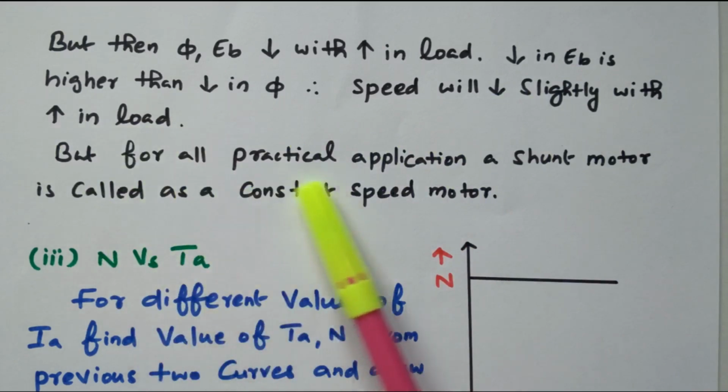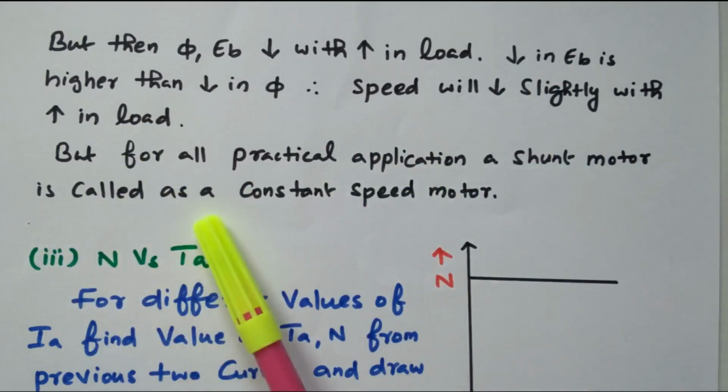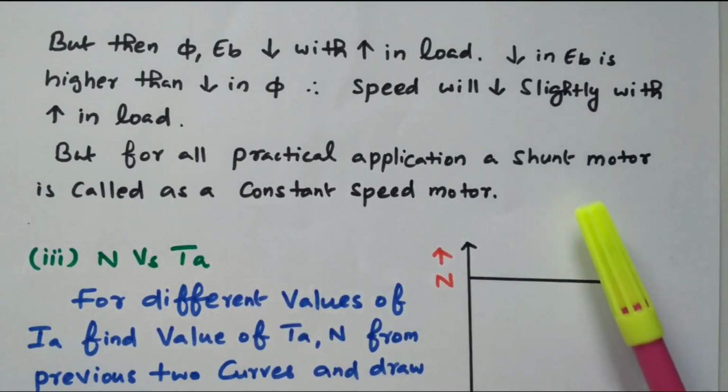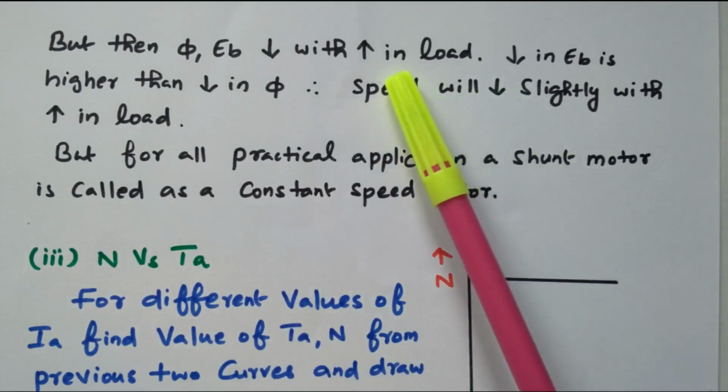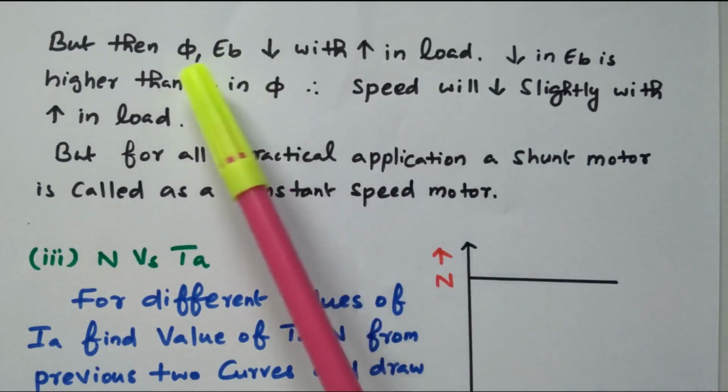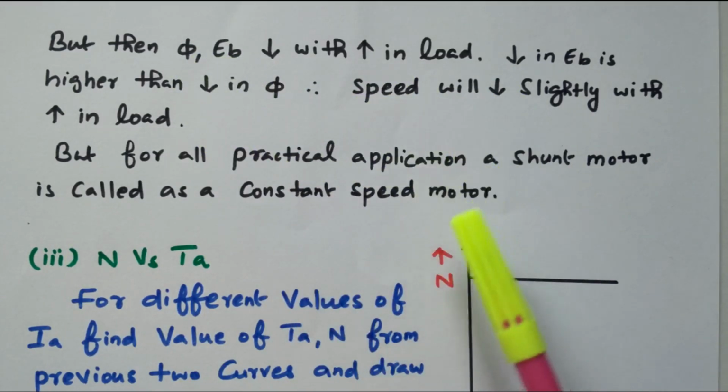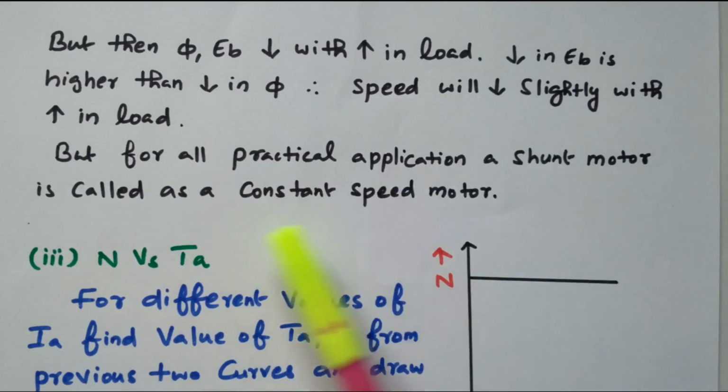But for all practical applications, the shunt motor is called almost a constant speed motor. While increasing the load, phi and EB change, but it will be compensated. So it is almost a constant speed motor. The shunt motor is also called a constant speed motor.